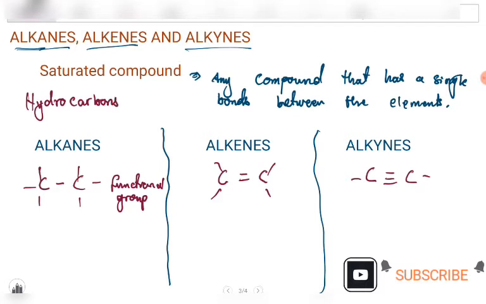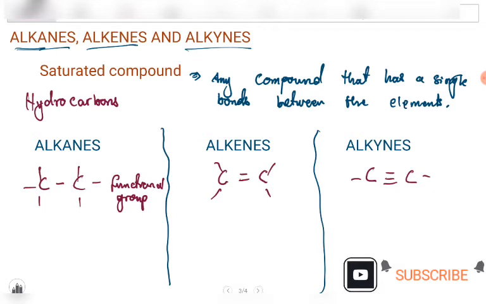Hydrocarbons is going to be the functional group name, not the structure. Get me right there. The functional group name is hydrocarbons. Why? Because all of these compounds are built using hydrogen and carbon only.